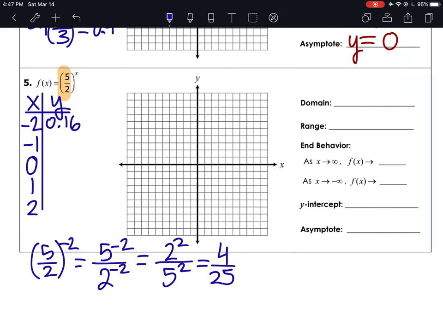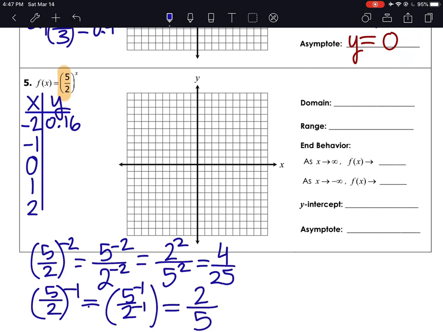The next one is the -1st power. Notice that the -1st power is the same as just taking the reciprocal, because it would be 5 to the -1st power and 2 to the -1st power, which would be 2/5, same thing as saying 0.4.